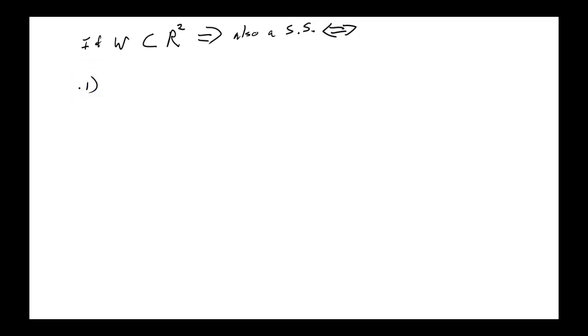One, first, W has to contain zero, zero. Has to pass through the origin.